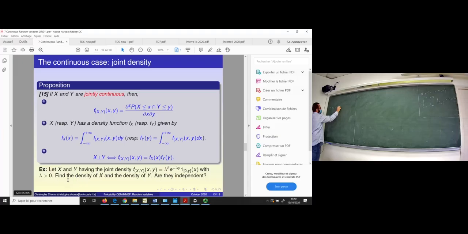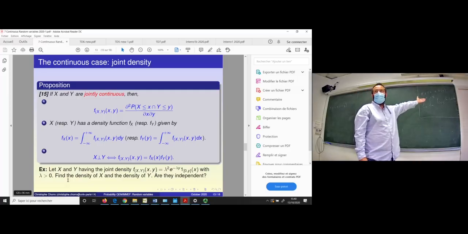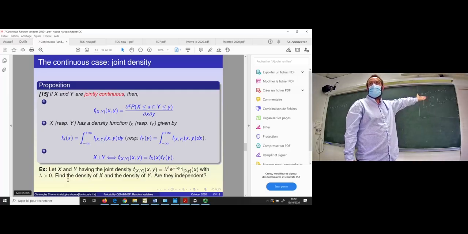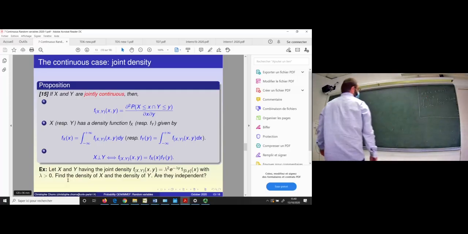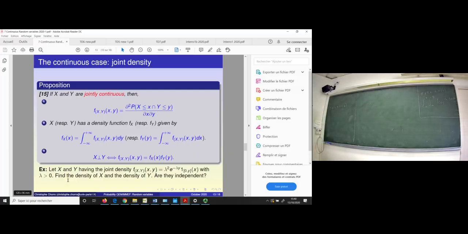I know that my two random variables are jointly continuous, meaning that I have this inequality here. And I know that I can compute the integral in the order I want.